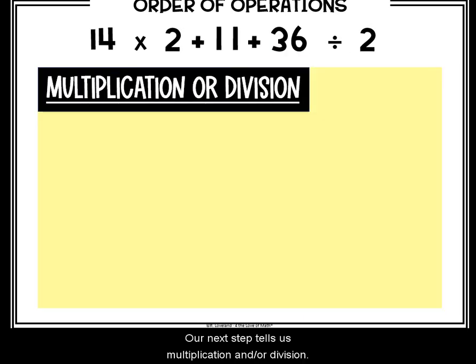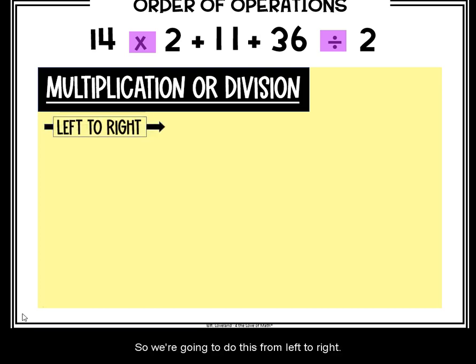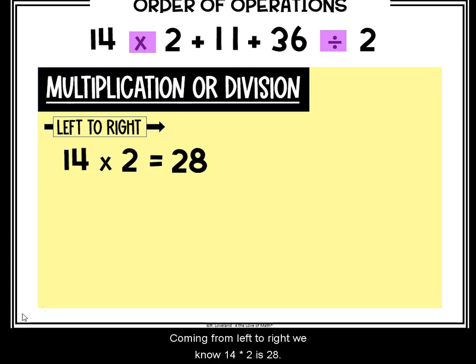Our next step tells us multiplication and or division. When we look at this problem, we have both multiplication and division here. So we have 14 times 2, and then we have 36 divided by 2. We're going to do this from left to right. So we have 14 times 2 first on the left. We know 14 times 2 is 28.